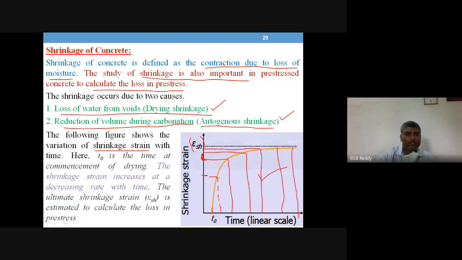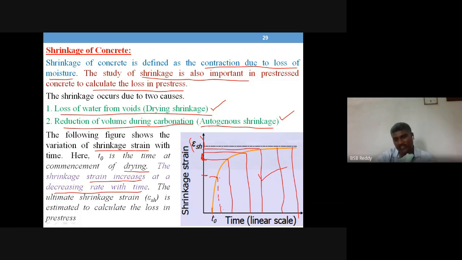So for the drying shrinkage, this graph shows that the shrinkage strain increases at a decreasing rate with time.